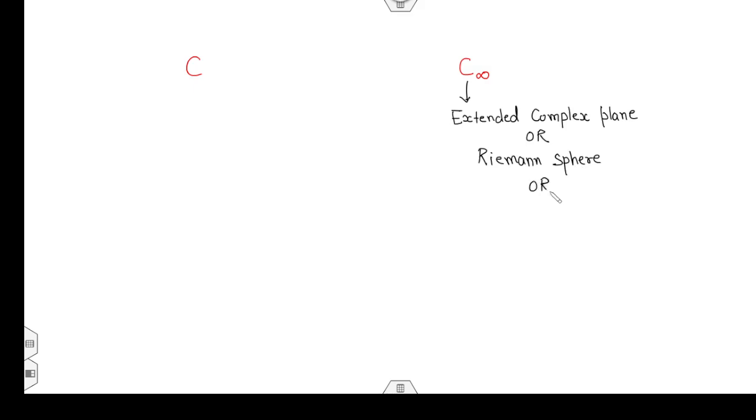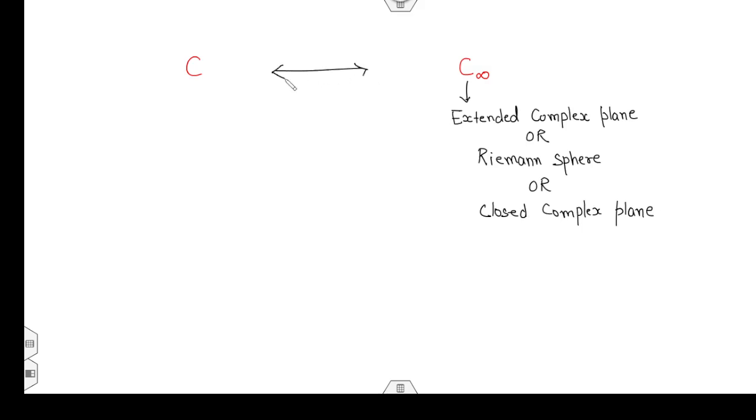One important point to note here is that there are two kinds of transformations or mappings. One is C, the second is C infinity. C infinity we call the extended complex plane. This is called the extended complex plane, or it is also known as the Riemann sphere, or the closed complex plane. What is the difference between C and C infinity?